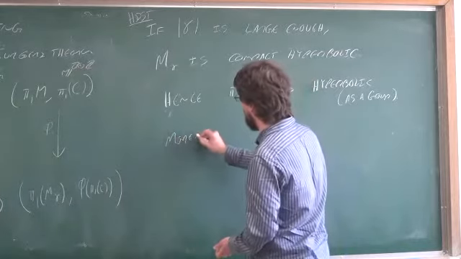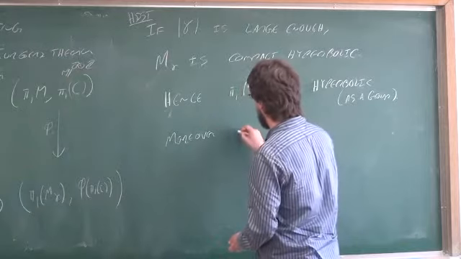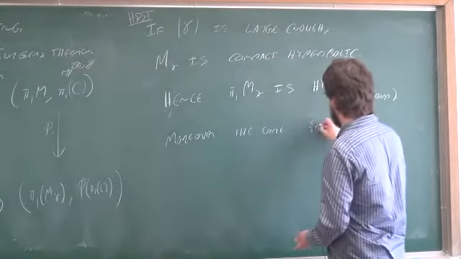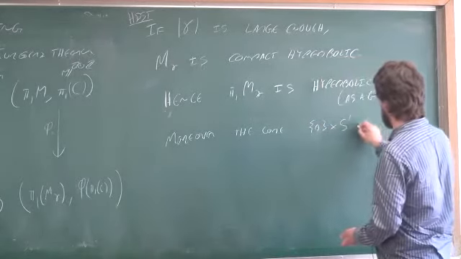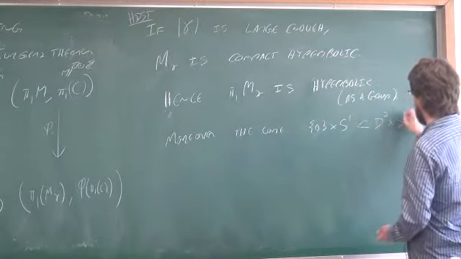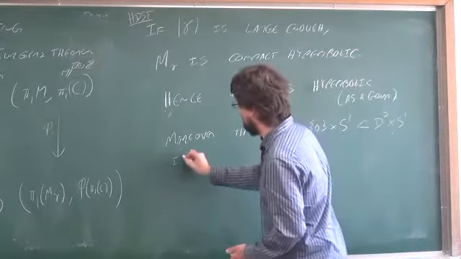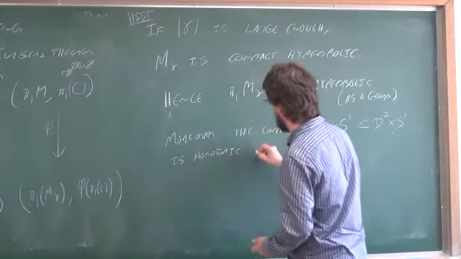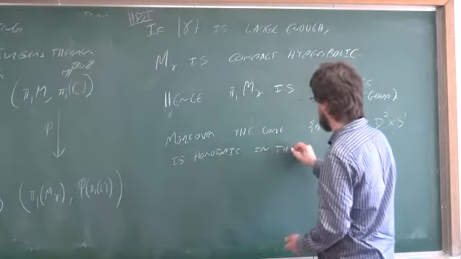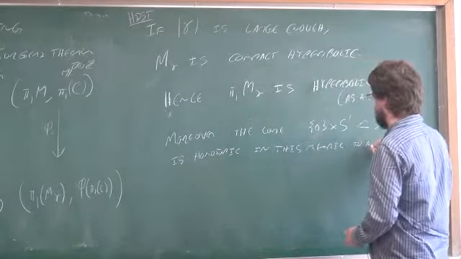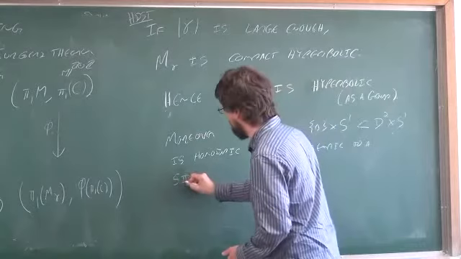Moreover, the core 0 cross S1 sitting inside the disk cross S1 is homotopic in this metric to a simple closed geodesic.